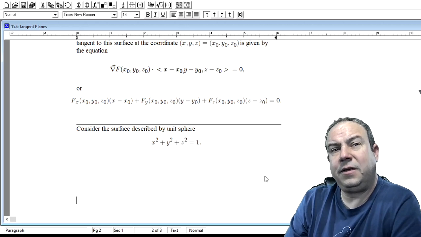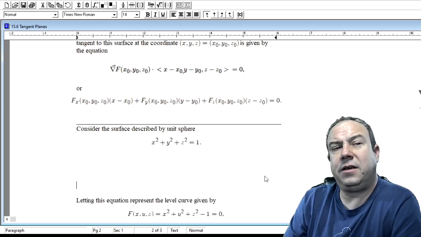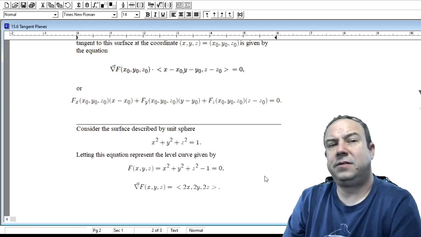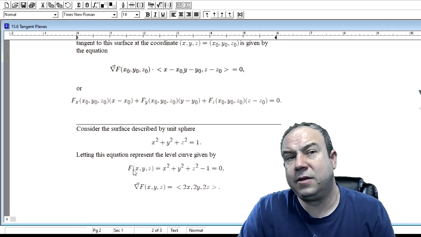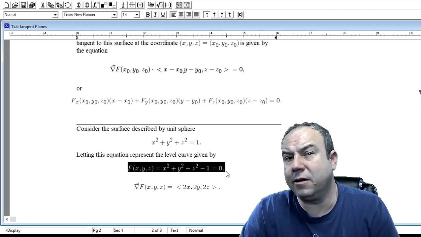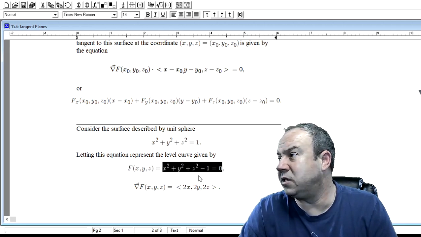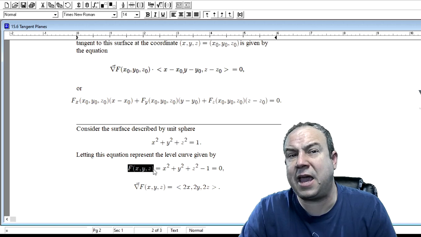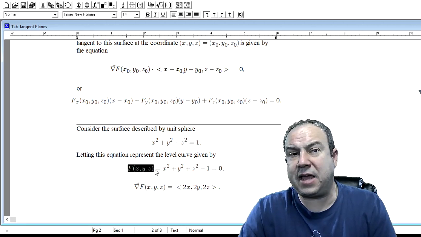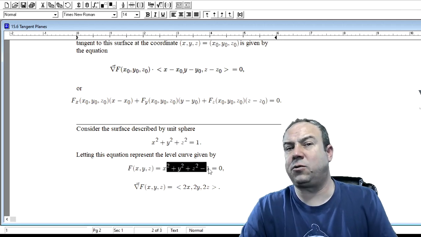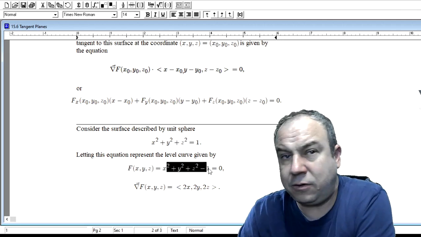All right. Letting this equation represent the level curve defined here, setting it equal to 0, we can define our level curve big F set equal to 0, where big F is the statement x squared plus y squared plus z squared minus 1 in value.